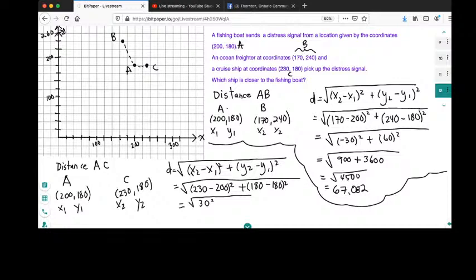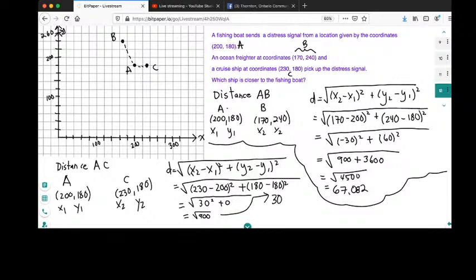And 180 minus 180 is 0. 0 squared is 0, so we can just leave that like that. And then here we go. We've got the square root of 900, which is obviously going to be 30, because we're basically saying, what is the square root of 30 squared? Well, it's just going to be 30. That makes sense. So 30.